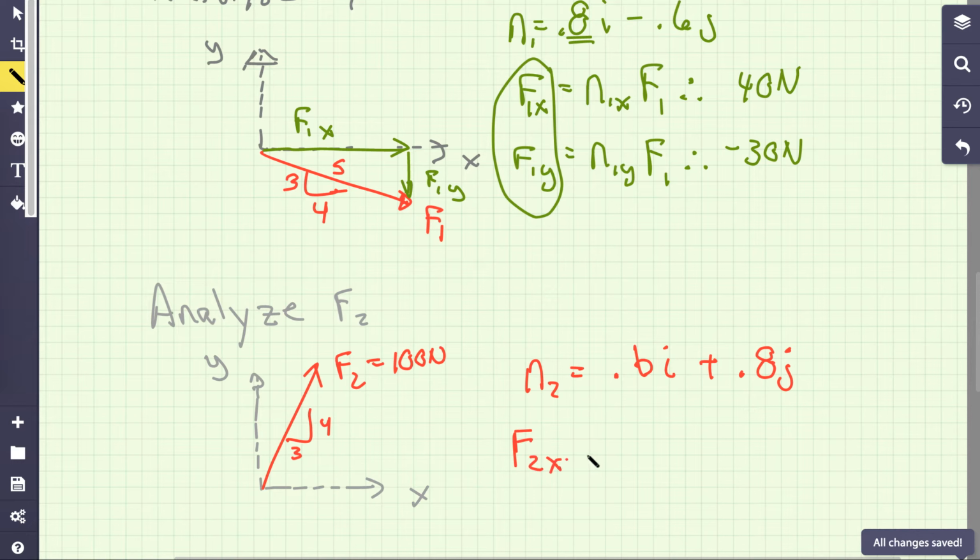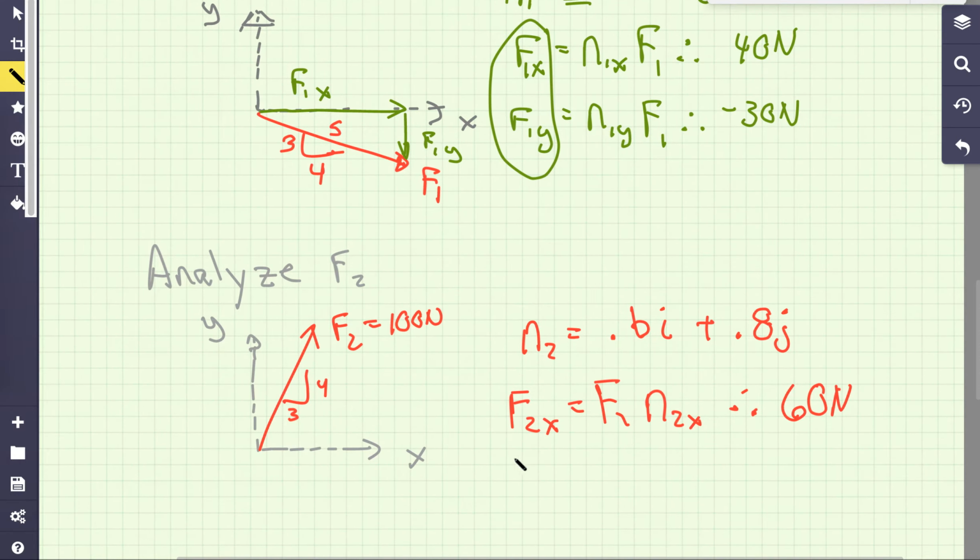F2 in the X is equal to the magnitude of F2 times the unit vector 2 in the X direction, which in this case would be 60 newtons.